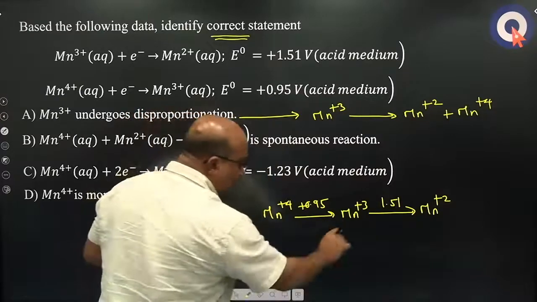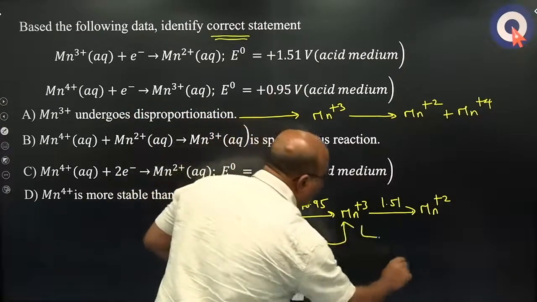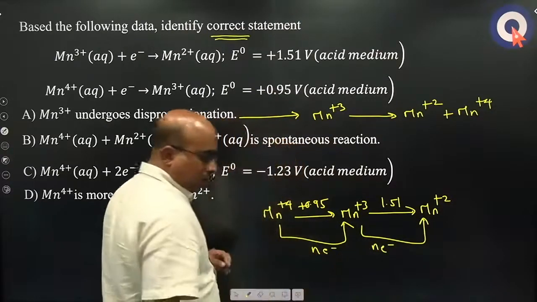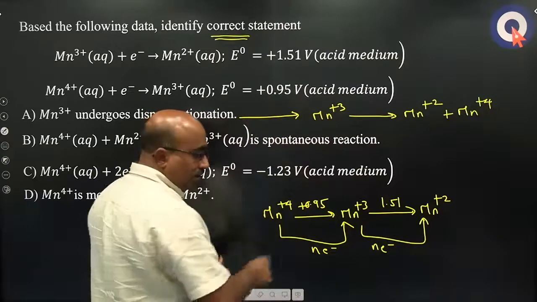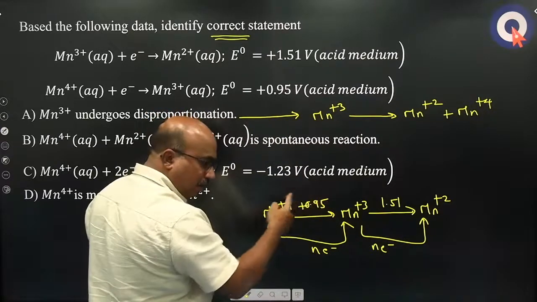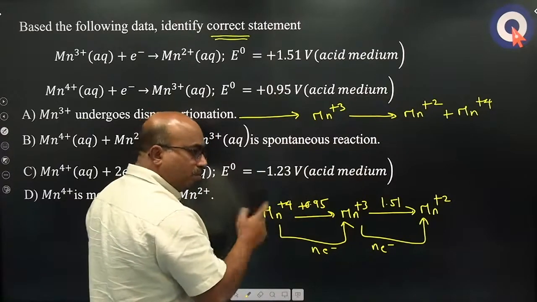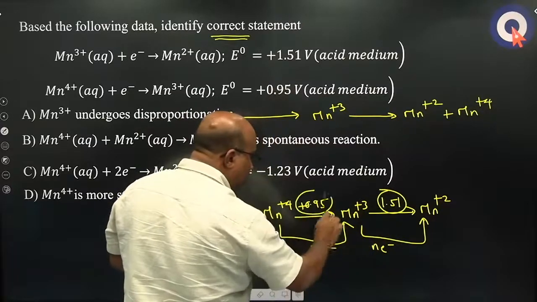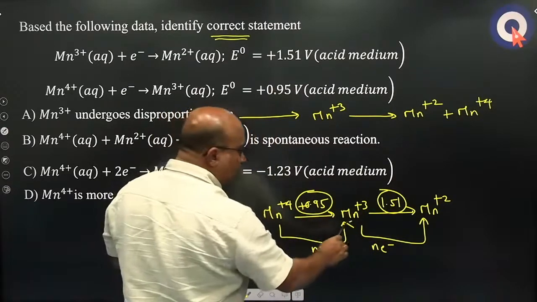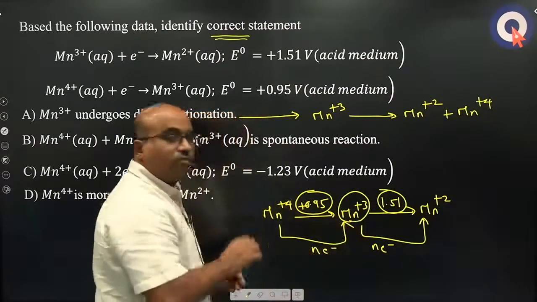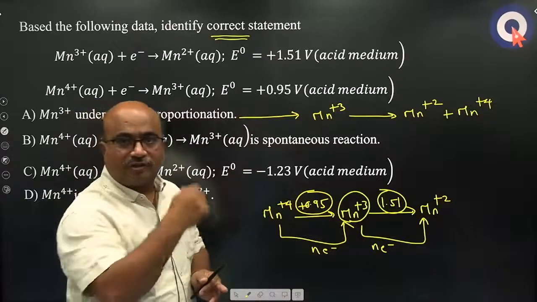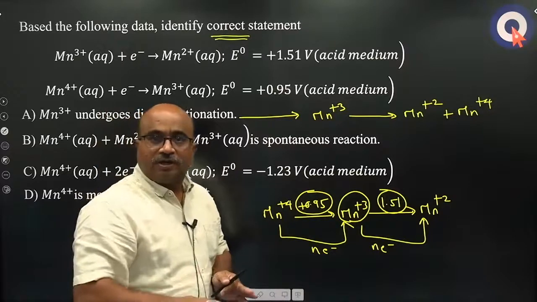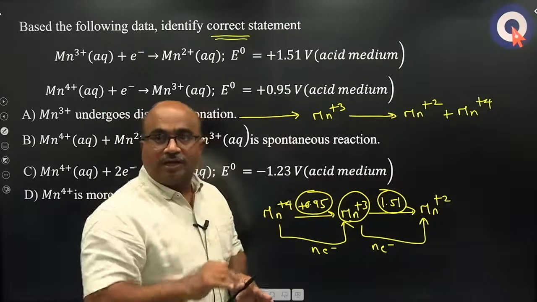If the number of electrons is the same, n electrons here, n electrons here, suppose 2 electrons and 2 electrons, 3 and 3, or 1 and 1, then the simplest thing is this: if this potential is more than this potential, then the species in the middle will undergo disproportionation. Means if the successive reduction potential value is more than its previous reduction potential value, in such cases there is always a disproportionation.